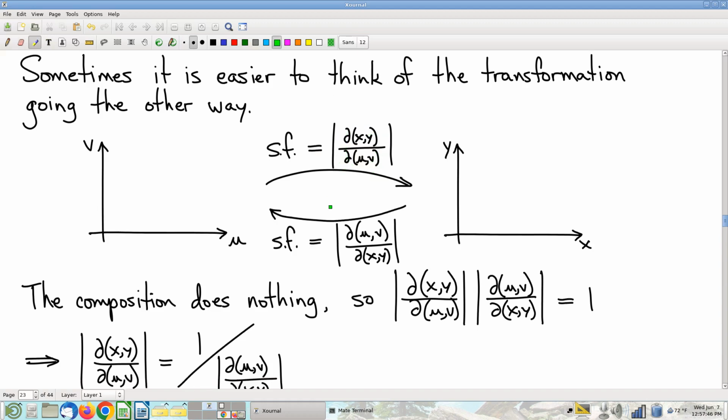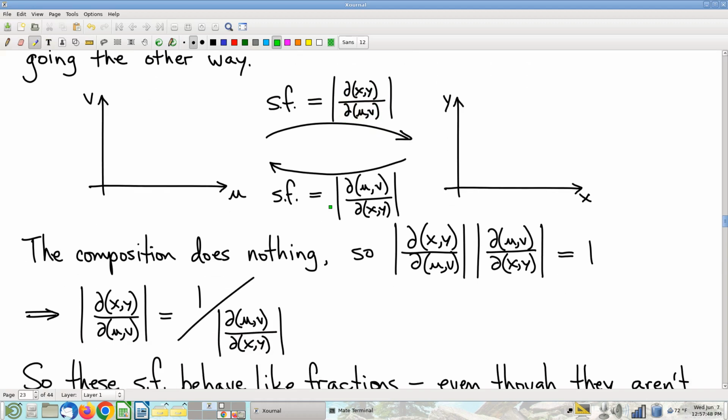But here's the good news. What we can say pretty much immediately is that if you were to do the one transformation followed by the other, nothing happens. There's no stretching or squishing at all. If you just go there and come right back, you just undo what you did.